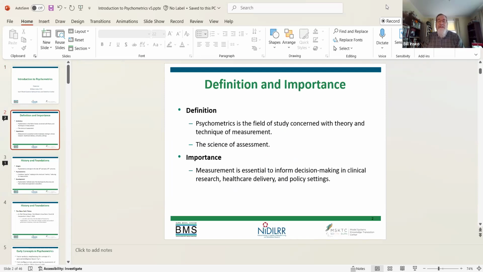So first, a definition. Psychometrics is the field of study concerned with the theory and technique of measurement. It's the science of assessment, and it's really important for decision making in many different fields, including healthcare.